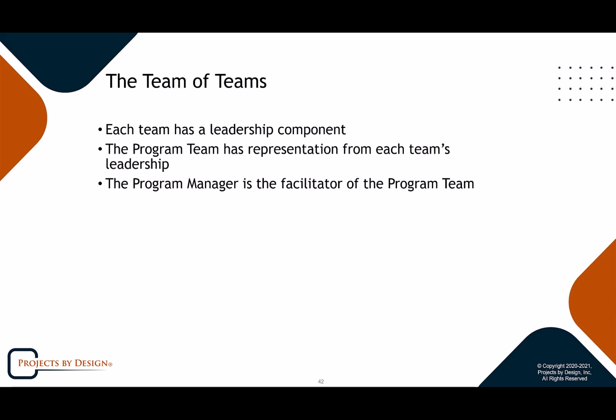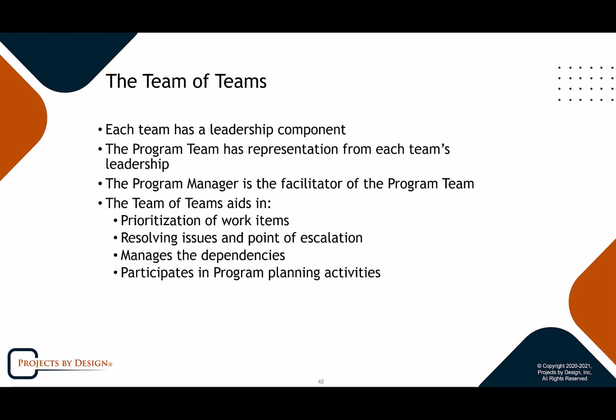The program manager facilitates the program team. The team of teams is going to aid in all of those things that we described, right? Reprioritization or prioritization of the work items, resolving issues, point of escalation, managing the dependencies, and participates in the program planning activities as well. Okay, y'all with me so far?